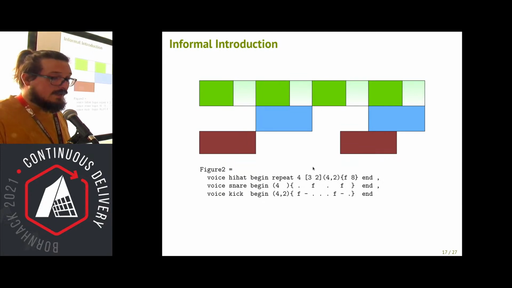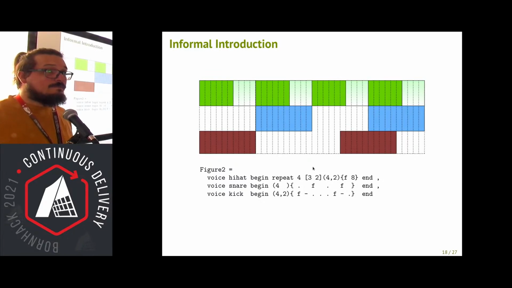And what BornHack did to infer the new type was to refine the grid. So instead of speculatively introducing a grid and then typing in your rhythm, you typed in your rhythm and the type system deduced which was the coarsest grid that could hold the rhythm.